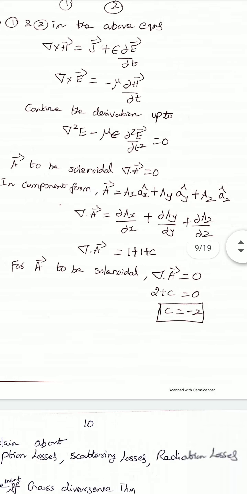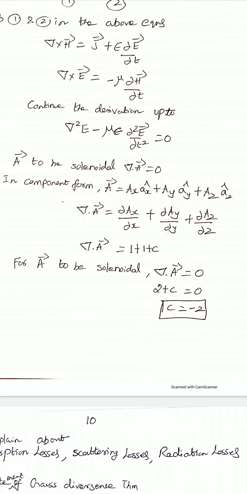So then you can see del dot A means dou Ax by dou x plus dou Ay by dou y. So we can write like that. So if we differentiate the given data, we are getting 2 plus c. So del dot A we are getting as 2 plus c, then that is equated to 0. So then we are finding c equals minus 2.